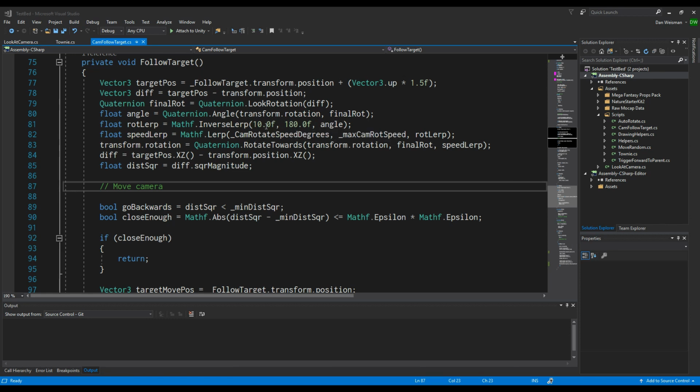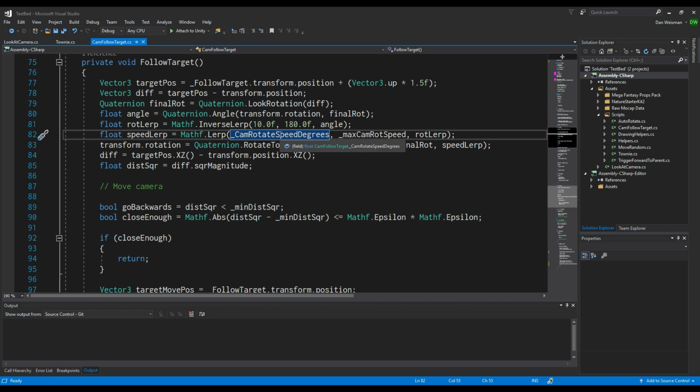So C is how far between 10 and 180. So when I use it here in this next function, I have a number between 0 and 1 that I'm using here. I'm kind of going the other way around. So what I'm saying here is that I want this value, this speed lerp, to be whatever the distance between this angle was, between these two values was. I want this value to be the same.